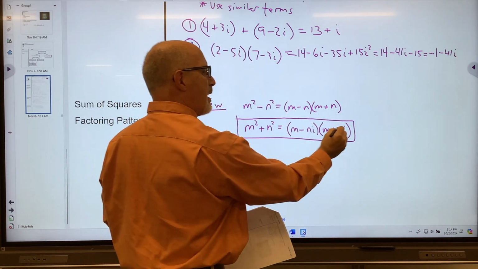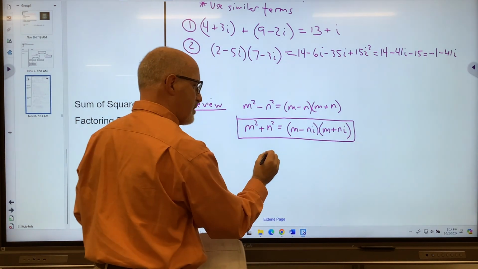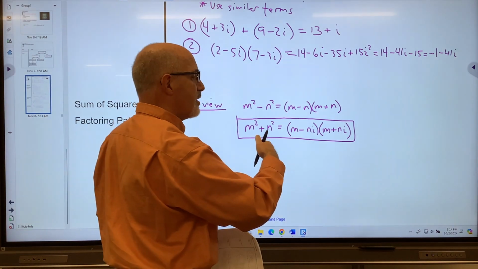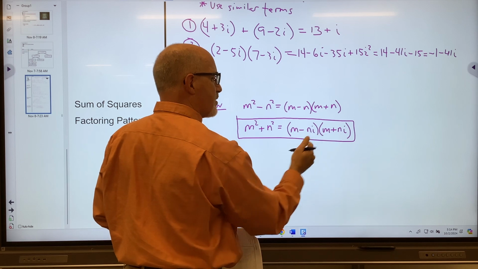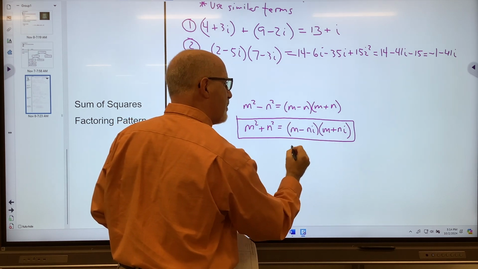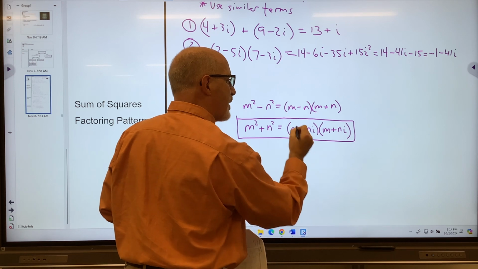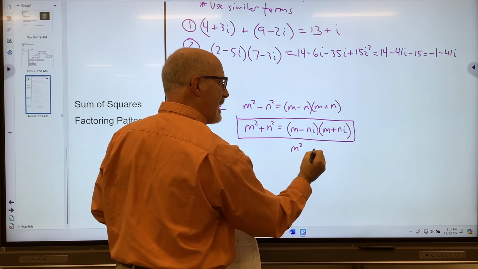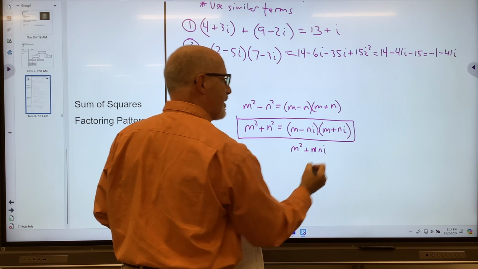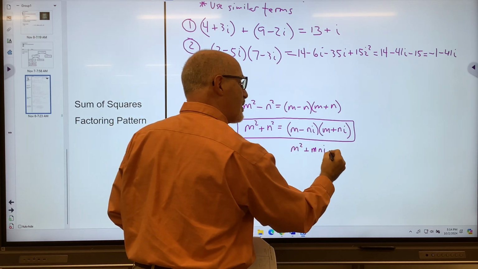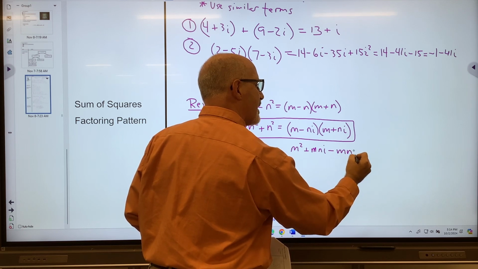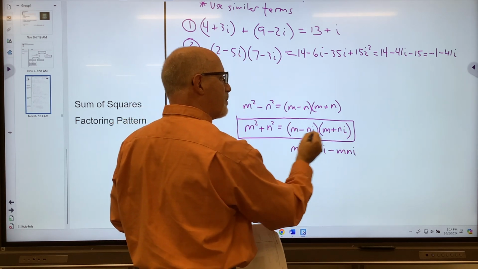So this is the new pattern. Let's just multiply this out to demonstrate what this looks like. So let's go ahead and do the double distributive. You're going to have m times m is m squared. m times plus ni is plus mni. Then multiply these two and you get minus mni. Now, what happens when you multiply these two together?